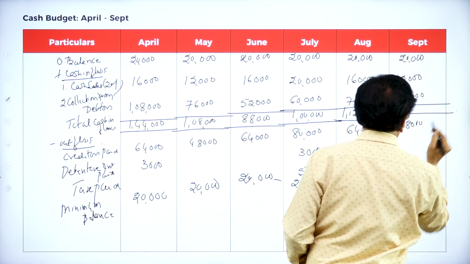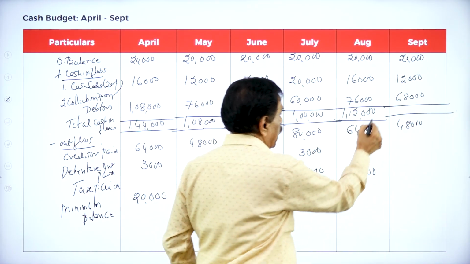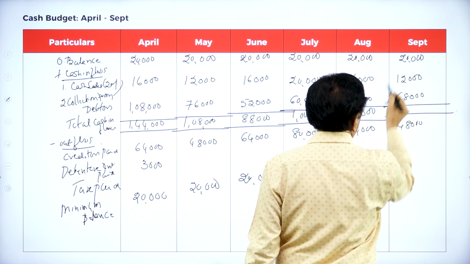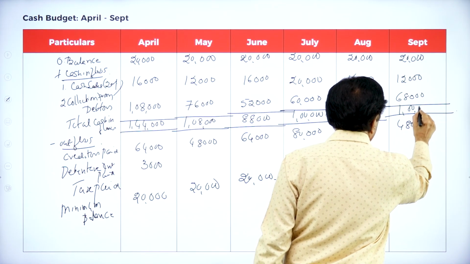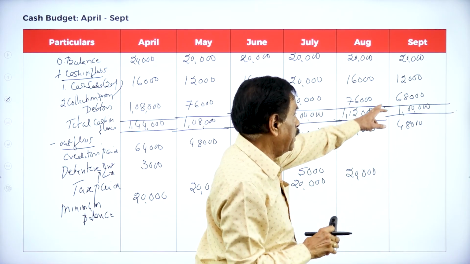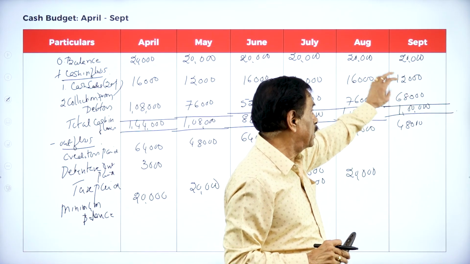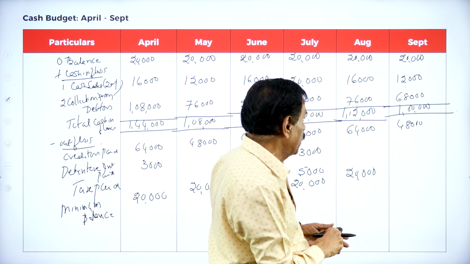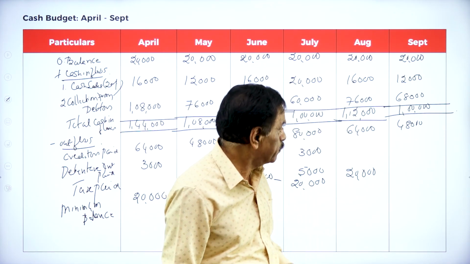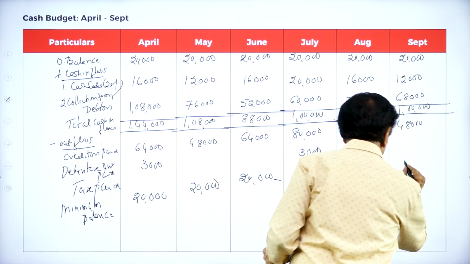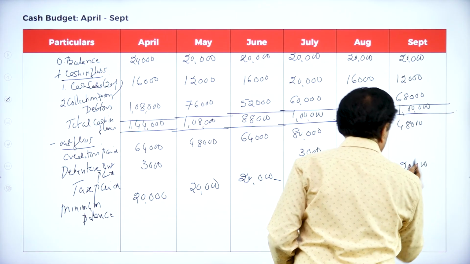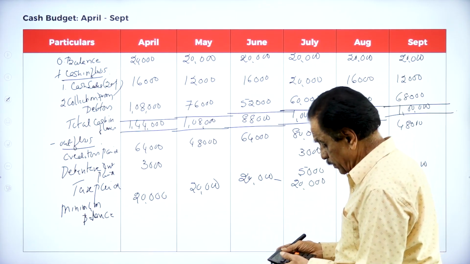I will explain. So 48 plus 20, 70, 80 plus 20 is 1 lakh. 68 plus 20, 70 plus 10, 80 plus 20 is 1 lakh. 48,000. Minimum balance is 20,000. 68,000.